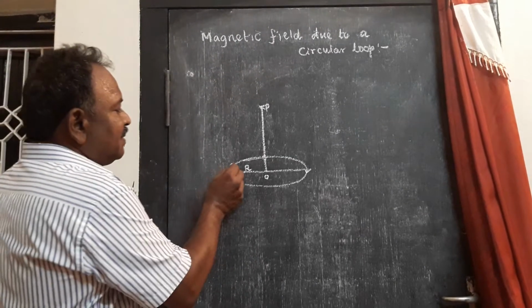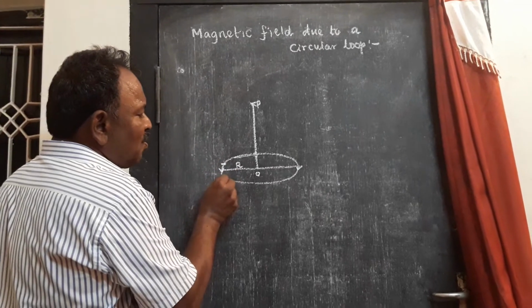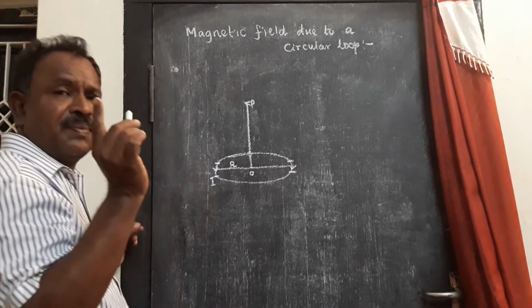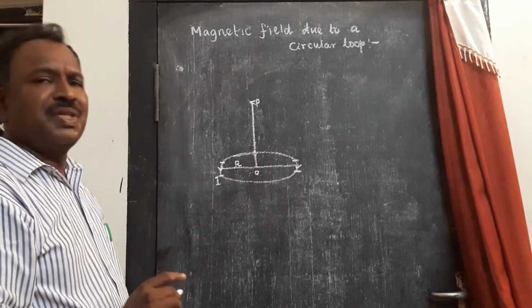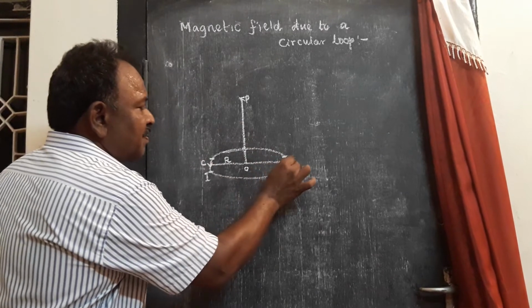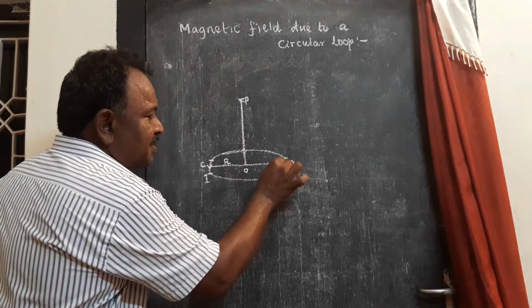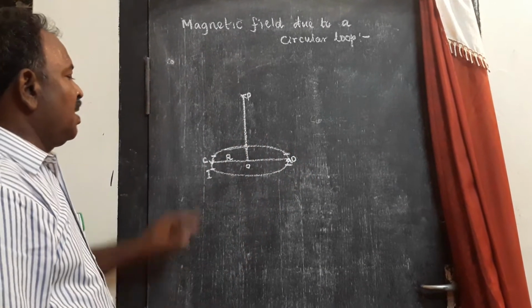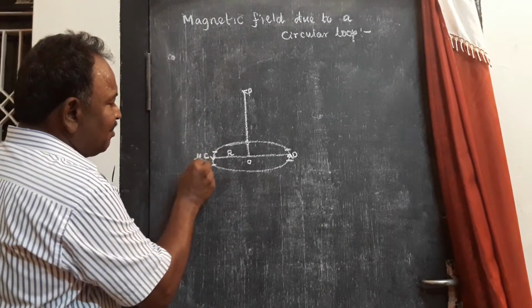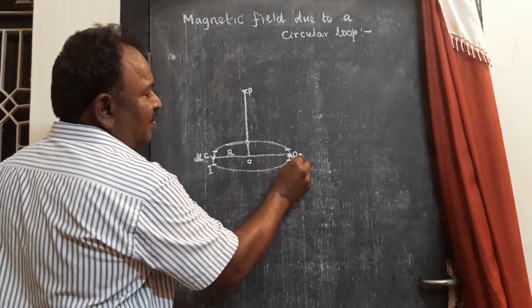For that, we can apply Biot-Savart's law only to a current element. So I am going to consider diametrically opposite elements. C is one element and D is another element. This element C is of length dl and D is of length dl.